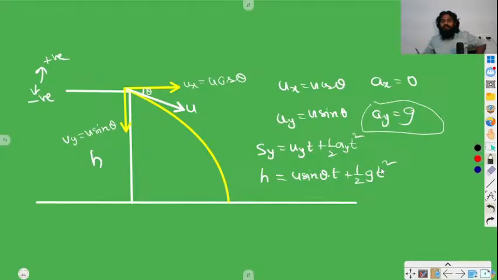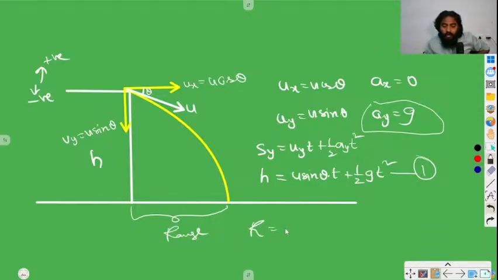This is the formula to find out the time. By using this time you can find the range. So range is equal to horizontal distance into time. What is the horizontal distance? u cos theta into t. This is the formula for range, right?